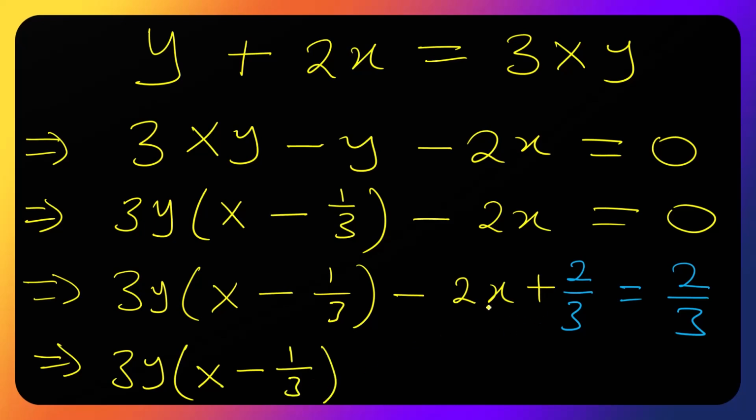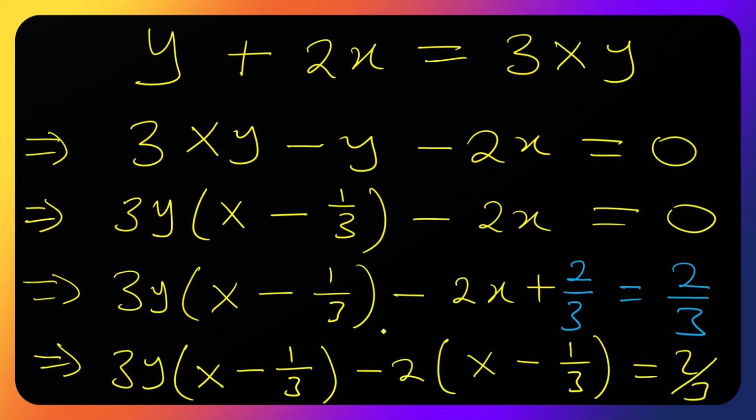If I take minus 2 out, this side will be x minus, so this 2 has been taken out, 1 over 3, equals to 2 on 3. So we have perfect factors here.